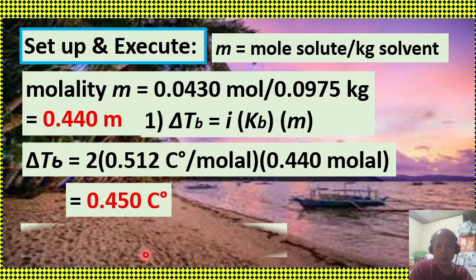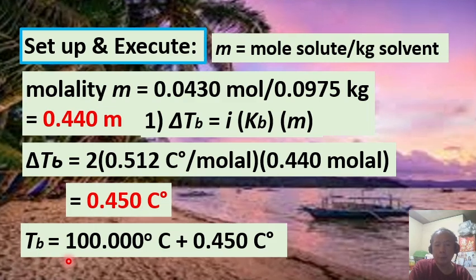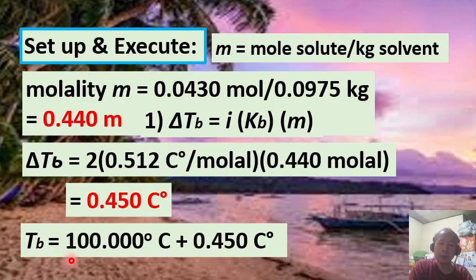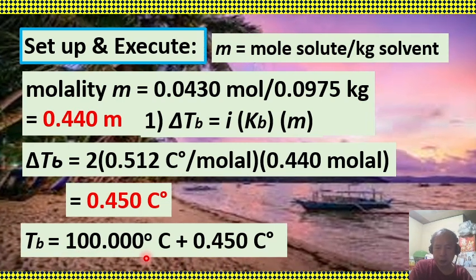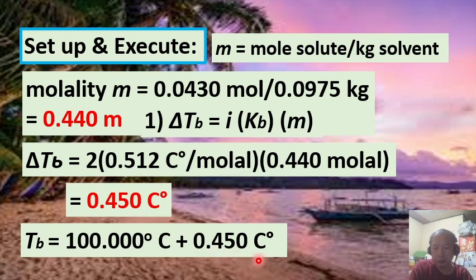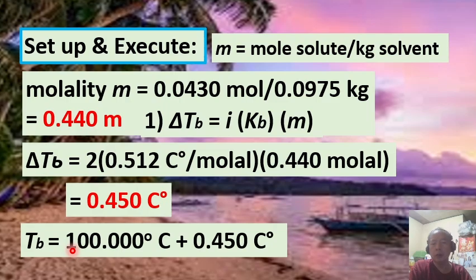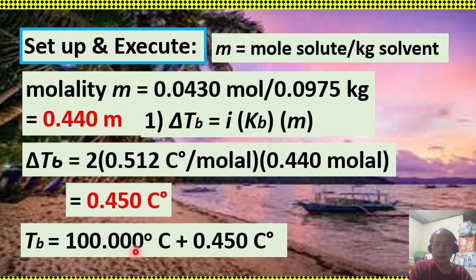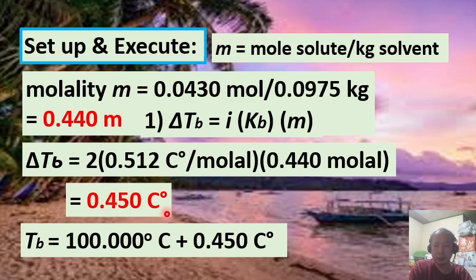So that means the elevated boiling point of the solvent pure water with an amount of sodium chloride dissolved in it will just be the sum of the normal boiling point of pure water at STP, which is 100.000 degrees Celsius, plus the computed delta T sub B, 0.450 Celsius degree.